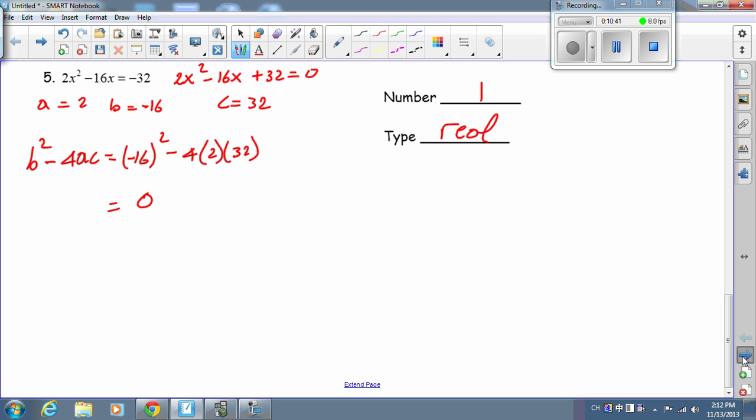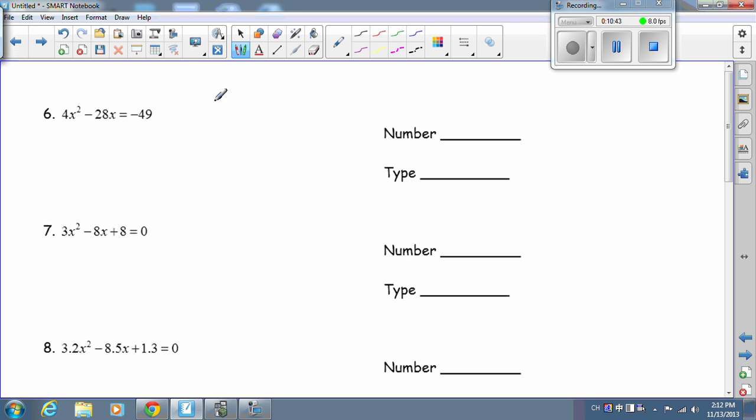All right, let's go on to the next one. The next one, I have 4x squared minus 28x minus 49. Well, I'm going to let you work on this one, knowing that you need to rewrite it as 4x squared minus 28x plus 49.